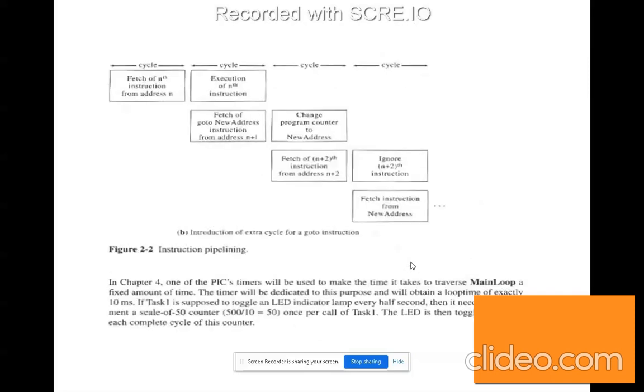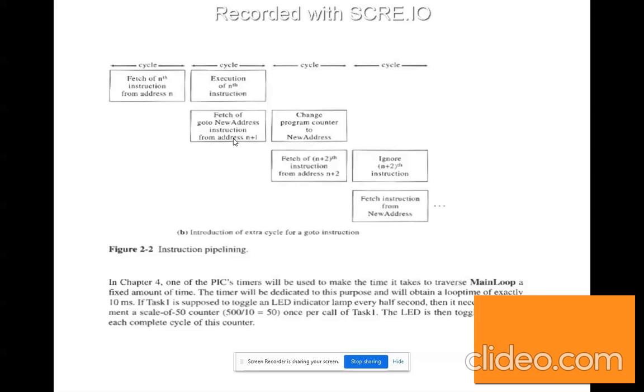See here, this is the example of that go to address, that is a subroutine program. So what happened here, you are going to fetch the nth instruction, and then execute that nth instruction. During that time period, you are going to use the go to instruction. So when you use the go to instruction, what will happen, it will be calling some new address.